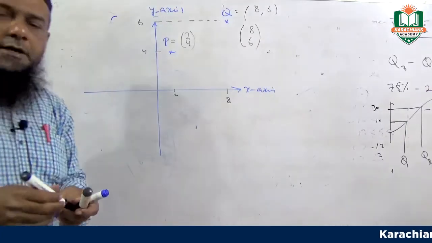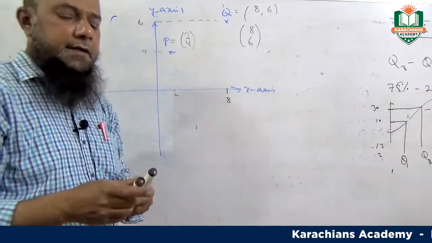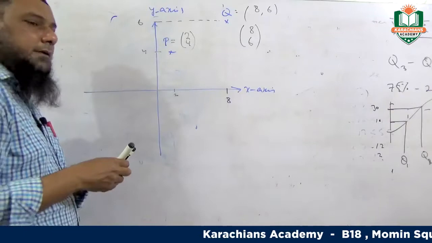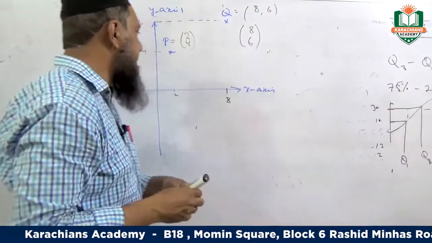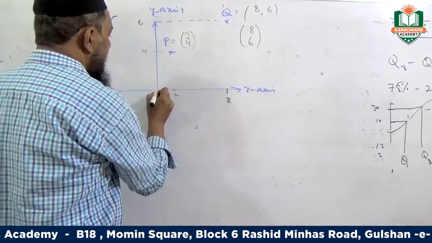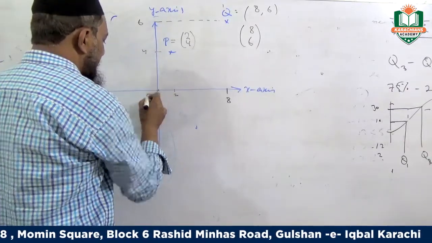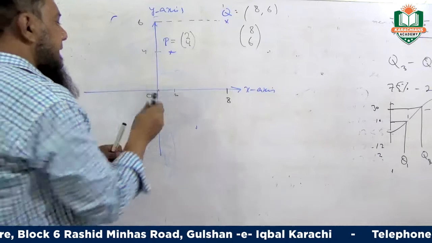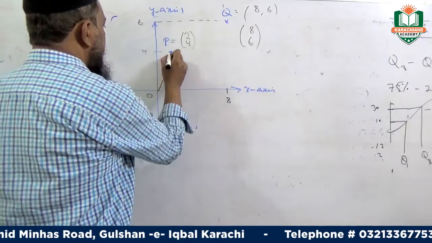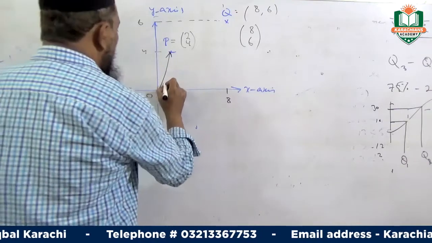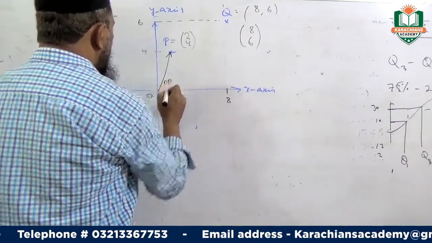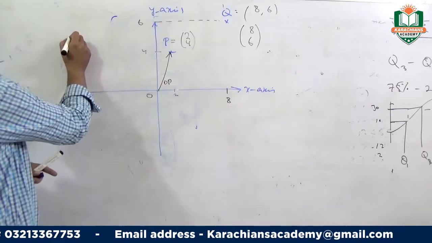Now we are going to add them by using a vector method. Remember, if we consider a position vector, we say this point is O, the origin, and this vector, a line segment along with this arrow, is called OP. So OP is a position vector.